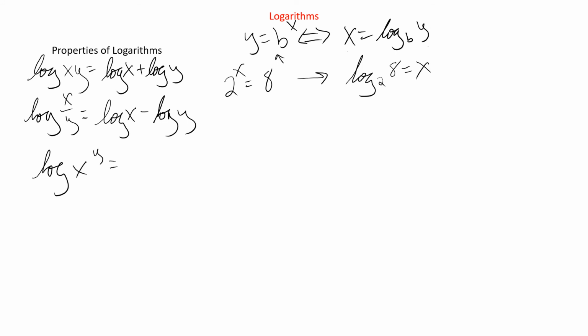This is a useful one. What this one says is we can actually take the y and move it out front: y times log of x. You guys have seen these properties before. This is just a review of what they are, because sometimes they get a little bit forgotten.